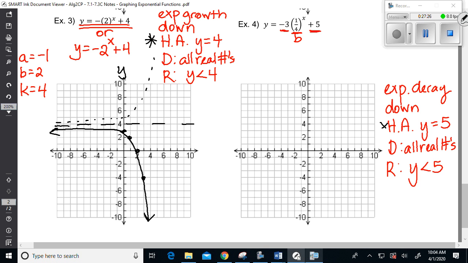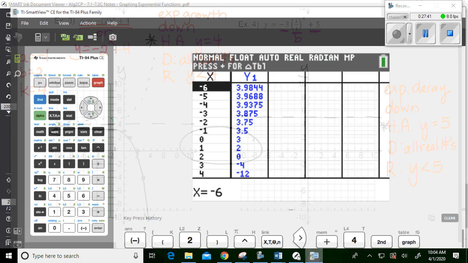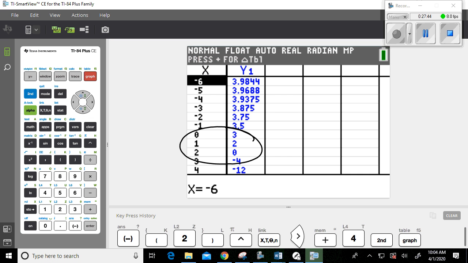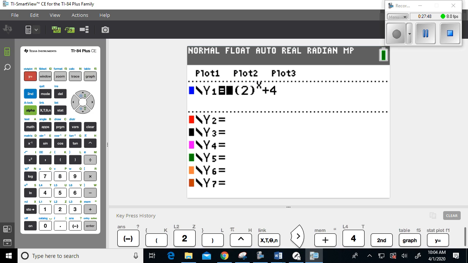Horizontal asymptote goes on the graph first. Go to the y-axis. That goes there first. Now we can let the calculator do the rest of the work. So get rid of this part. So go to y equals, clear.